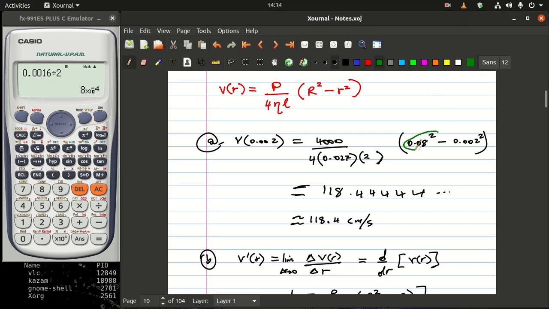when we are getting this value here, we had a diameter of 0,016, therefore the radius was supposed to be half of that, or 0,016 divided by 2.